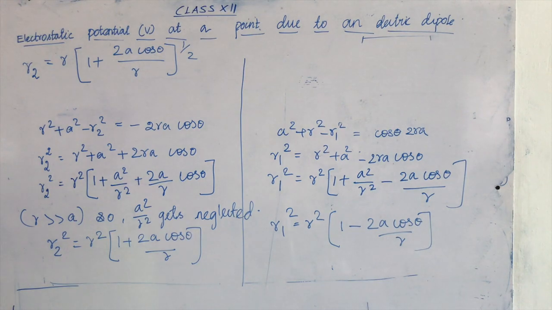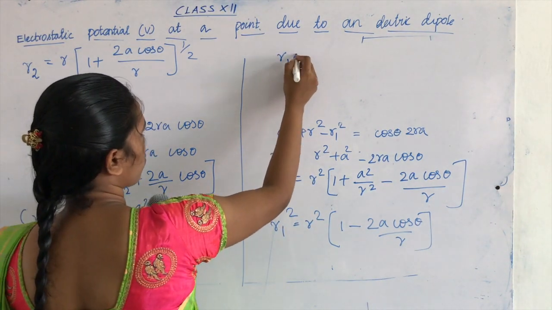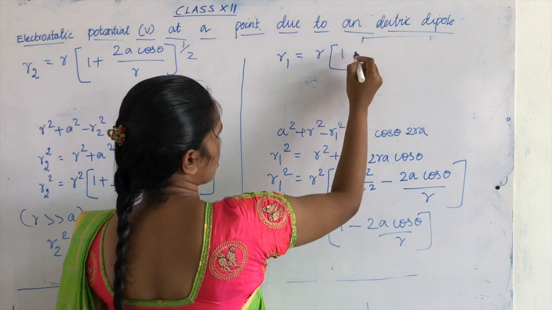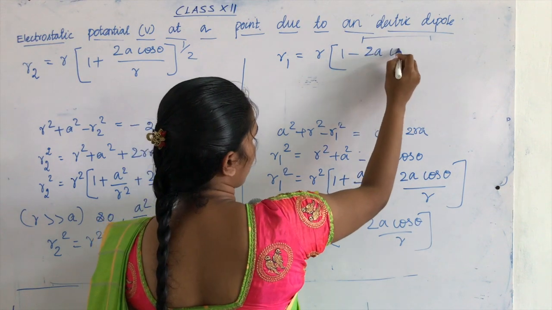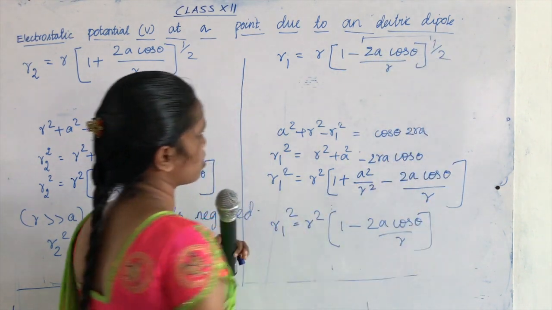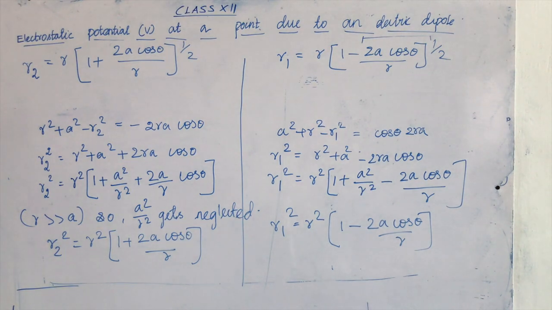Similarly, R1 equal to R times 1 minus 2A cos theta by R, whole power 1 by 2. Do you understand?